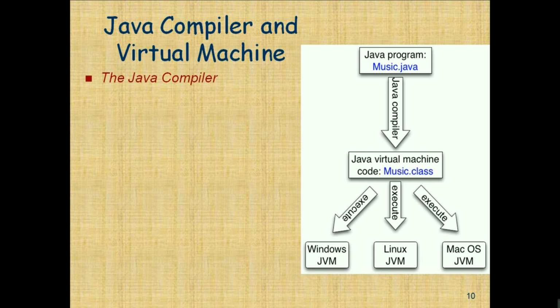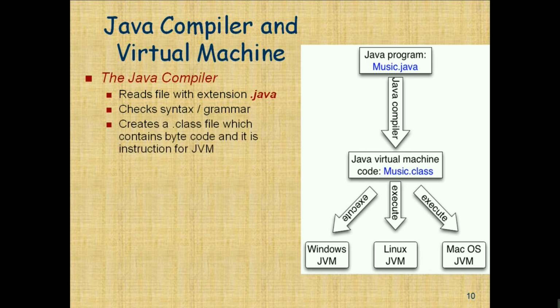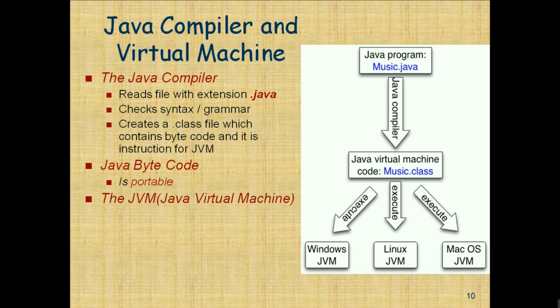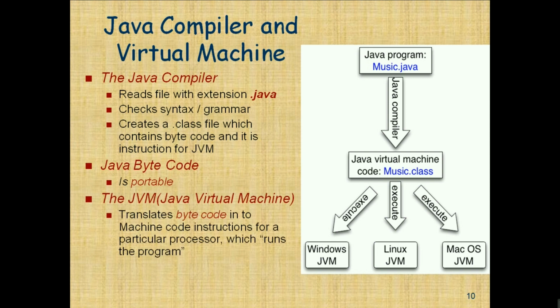The Java compiler reads a file with extension what? .java. Checks what? Syntax and its grammar. Creates a .class file which contains bytecode, and it is instructions for JVM to execute in the respective environment. Java bytecode is portable, right? Yes. The JVM, Java Virtual Machine, is responsible for what?